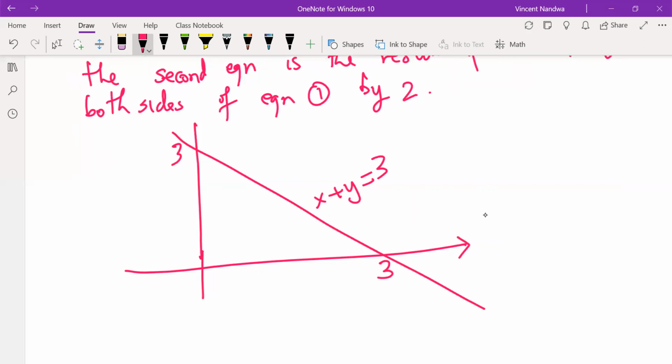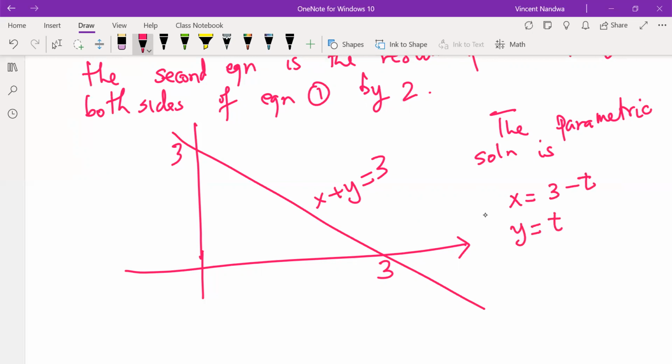So the parametric solution is simply x equals 3 minus t and y equals t, where t is any real number. So there are infinitely many solutions for that given case, just one line.